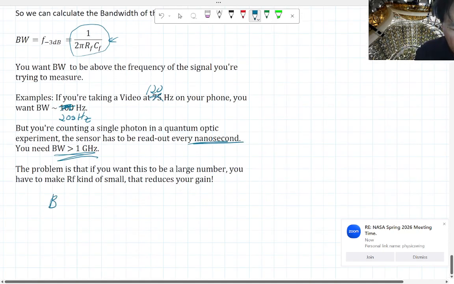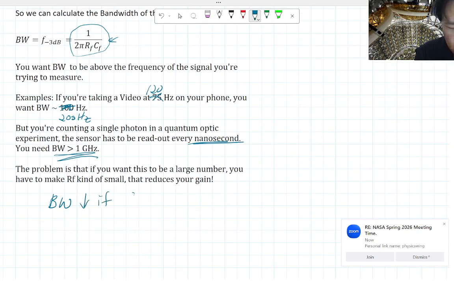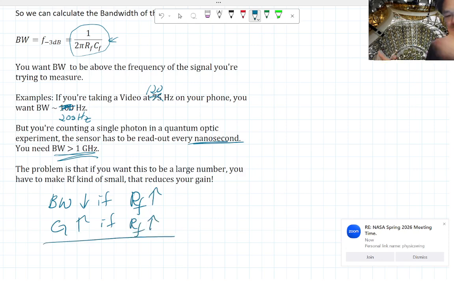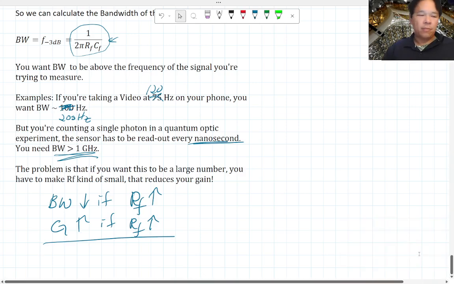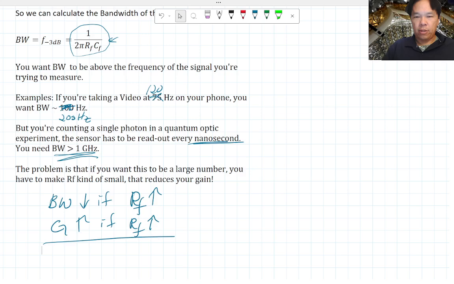Bandwidth goes down if RF goes up, but your gain goes up if your RF goes up. So you're going to have to decide when you're designing these photodiode transimpedance amplifiers: do you care about gain more, or do you care about speed more? So a lot of these designs are weighing the different aspects of what's important to your particular experiment.